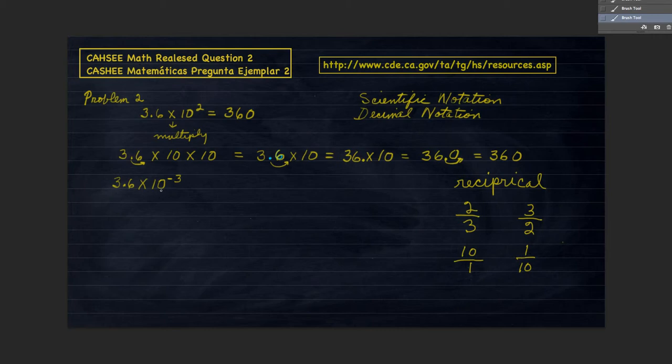So what 10 to the negative 3 means, let me write this down, really means 1/10, the reciprocal of 10, raised to the 3rd power. So this changes meaning and our interpretation.